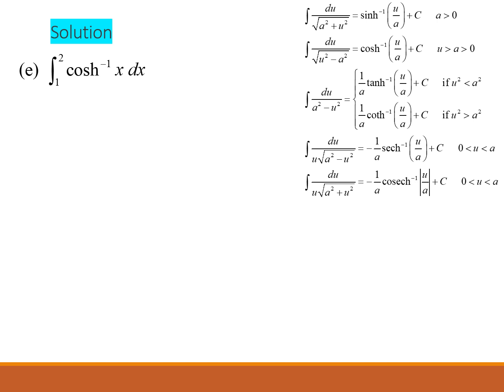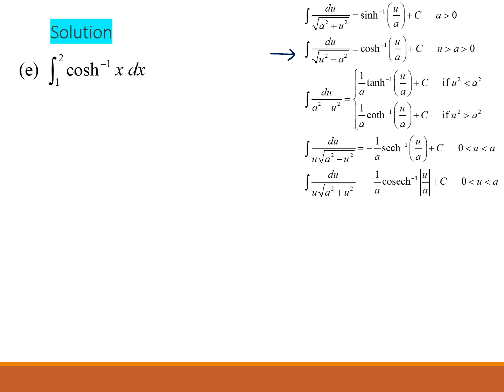Now let us discuss the final exercise for the inverse hyperbolic functions. Given that you have to find the integral of inverse cosh x, where the interval starts from 1 to 2. This is a unique question because, based on the formula, the antiderivative of du over square root of u squared minus a squared will result in inverse cosh, but there is no integration formula that results in inverse cosh.